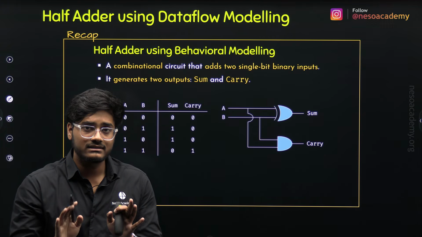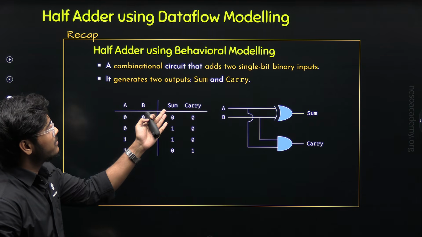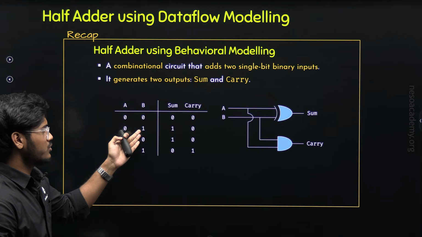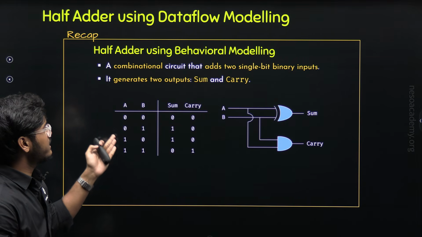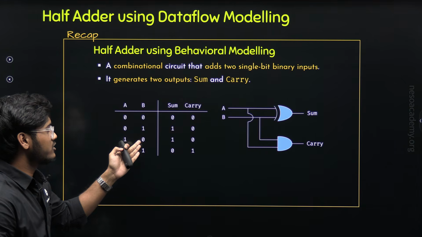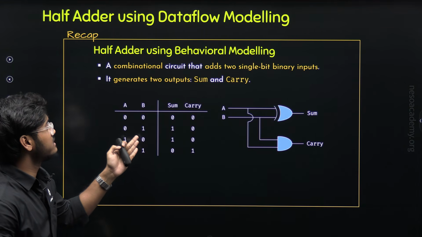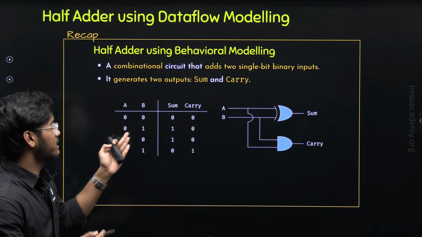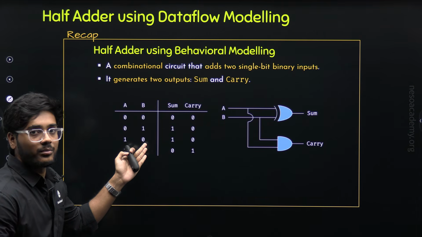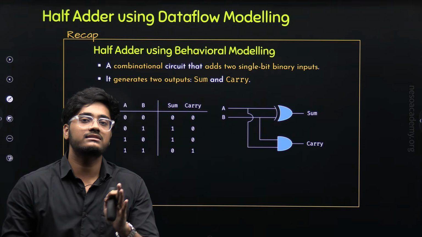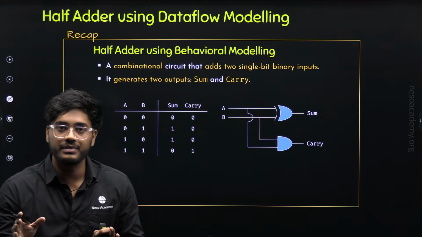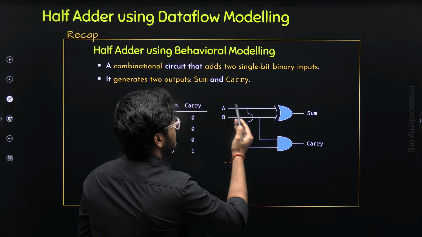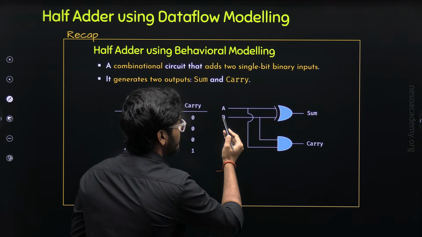And we can verify in the truth table that sum is high when A is 0 and B is 1, or when A is 1 and B is 0, which means sum is equal to A complement and B, or A and B complement, which means sum is equal to A XOR B. And here in the logic diagram, we can clearly see sum is equal to A XOR B.